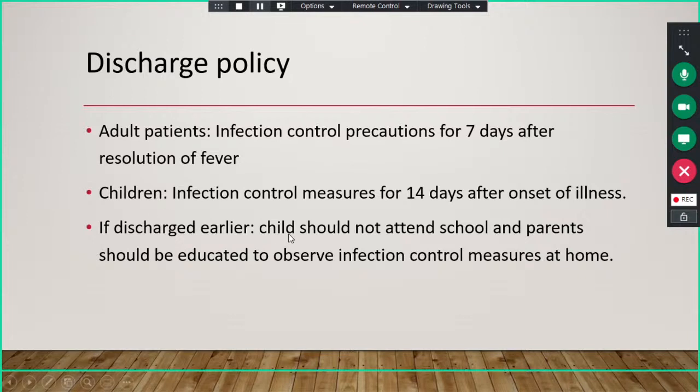Children continue to shed virus, so infection control measures are needed for 14 days after onset of illness. If for some reason we are not able to keep the child in hospital for 14 days, the child may be allowed to go after discharge. I advise not to attend school, and parents should be educated to observe infection control measures at home. Otherwise, they will infect other children.